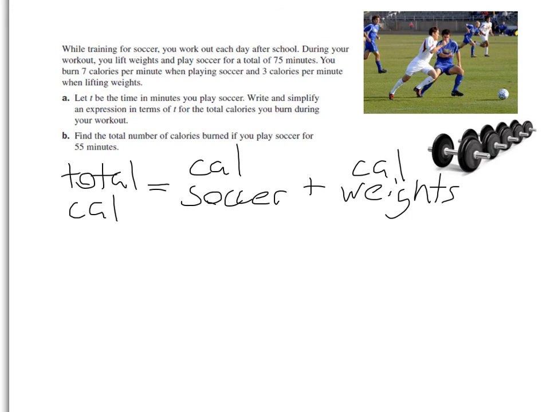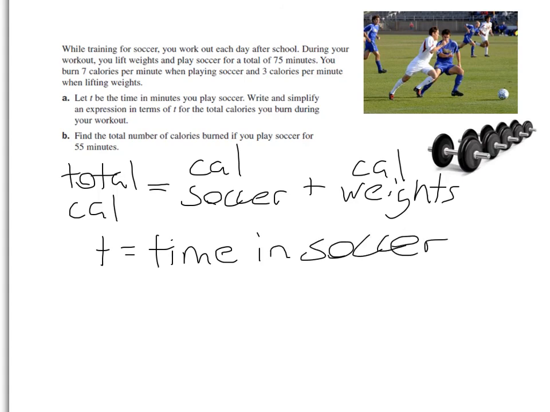So create an expression just like we did before that represents how many calories you burn from soccer, and add to that how many calories you burn lifting weights. And also they tell you that T is the time in minutes you play soccer. All right, from there I think you should be able to take over.